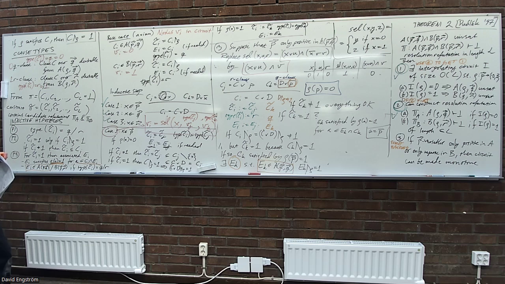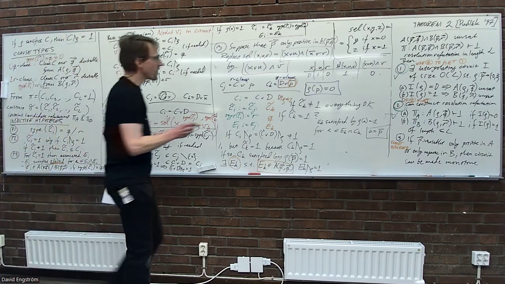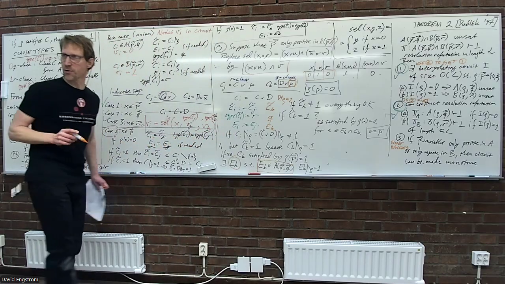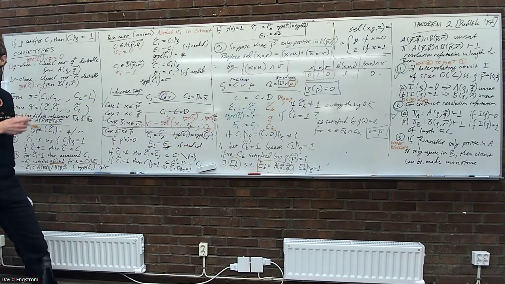Someone promised me solemnly that there would be no negative occurrences of P in A. Now, it is true that if I ever had an input like this in my circuit, then I would screw up, potentially, but I can never have such an input. Because the structure of my input CNF formula is such that this case can never arise. So we're good.